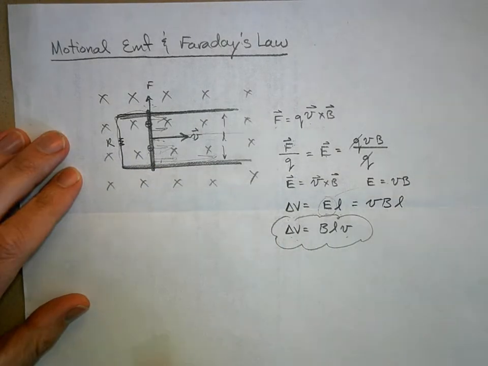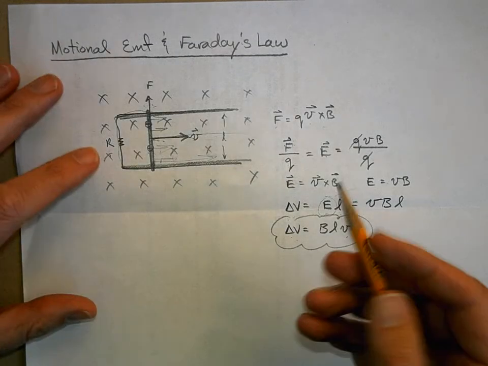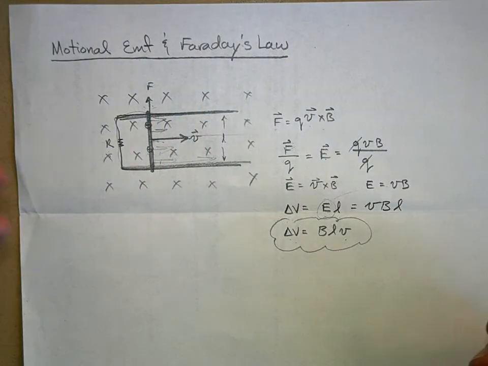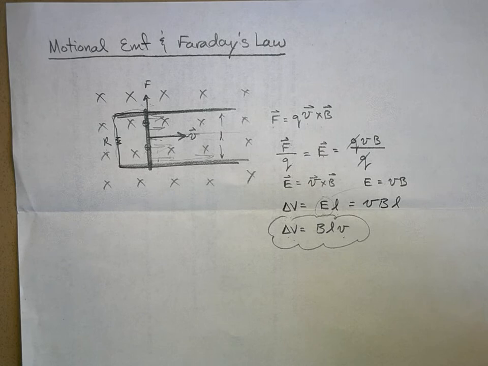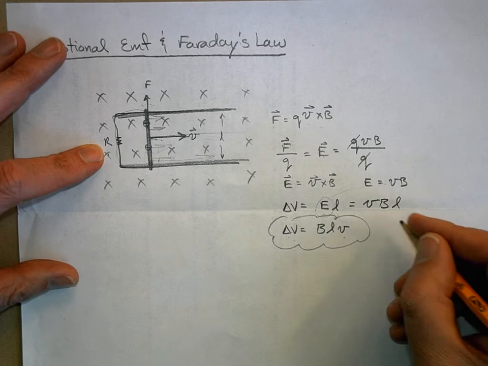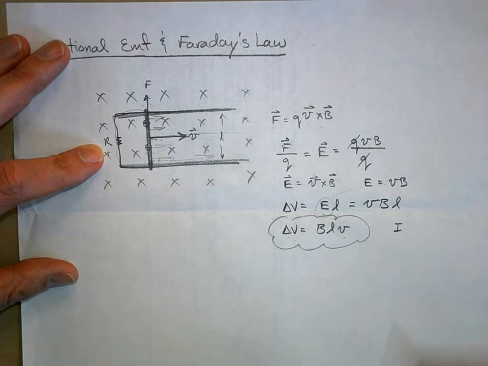So now I got a voltage, but I also have a resistance, so I can figure out what my current is going to be. And if I move this at a constant velocity, we'll have a constant voltage, and therefore we'll have a constant current. And so we can figure out what that current is if you know the resistance. V equals IR.